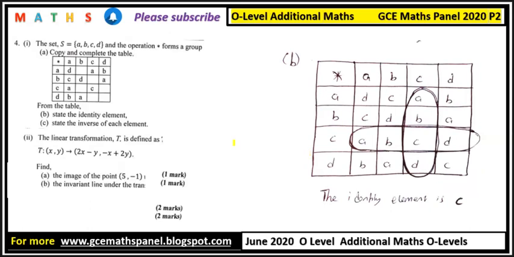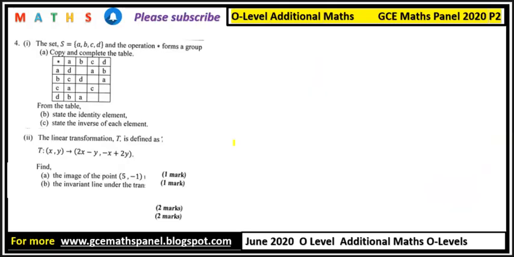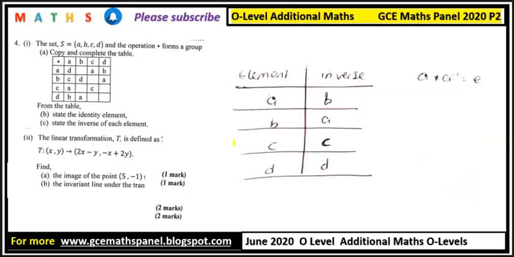Now state the inverse of each element. For us to find the inverse of each element, we know that when each element operates with its inverse, it gives us the identity element. So for A, for example, when it operates with its inverse, it should give us identity element C. And since there's C here, the inverse of A is B. Recall that we had C here.